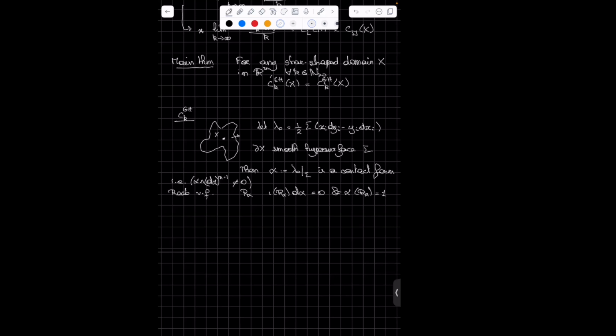So I'm saying every star-shaped domain is naturally endowed with a vector field on its boundary, assuming the boundary is smooth. Another way to view this Reeb vector field is if the hypersurface is the regular level set of a smooth function from R2n to R, then the Reeb vector field is proportional to the Hamiltonian vector field of that function.